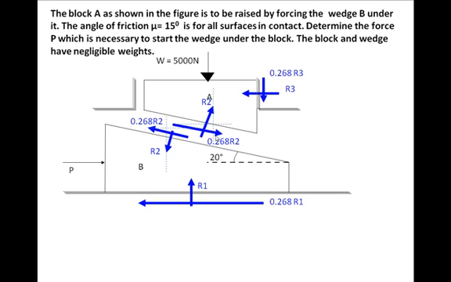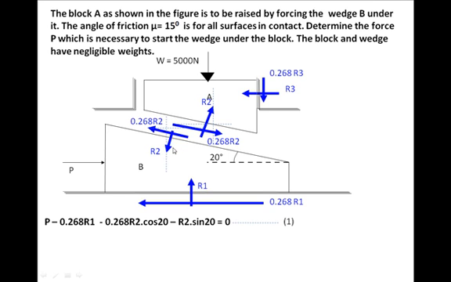This 5000 is the weight which acts down and which we are trying to lift. As already mentioned, the x-axis will be horizontal, the y-axis vertical, and we'll write sigma Fx, sigma Fy for each of them. Let's take wedge B, the lower block, and write sigma Fx: P minus 0.268 R1, and then the component of 0.268 R2 in the x direction. The angle here is 20, so it is cos 20. And R2 also gives a component in the x direction.